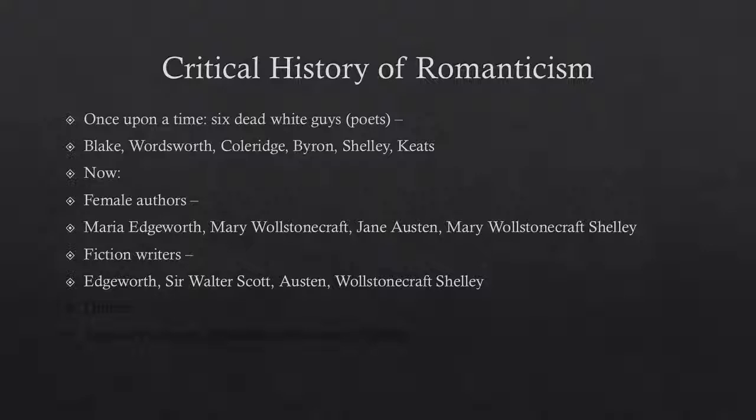And Mary Wollstonecraft Shelley wrote Frankenstein, for goodness sakes. So fiction is very important to the Romantic period, even if poetry is more important. And we're going to look at fiction from these 4 authors over the next Romantic lessons. And I'm really excited about that because fiction is my personal favorite form. And these are some great stories we get from these people.